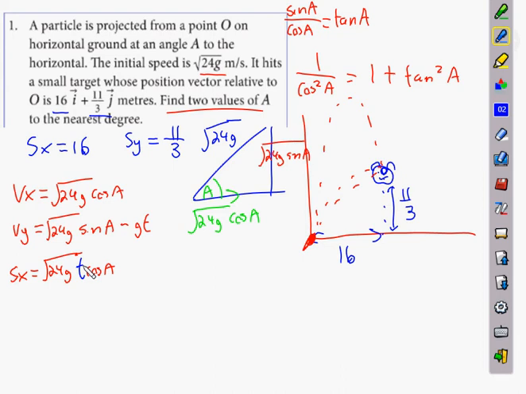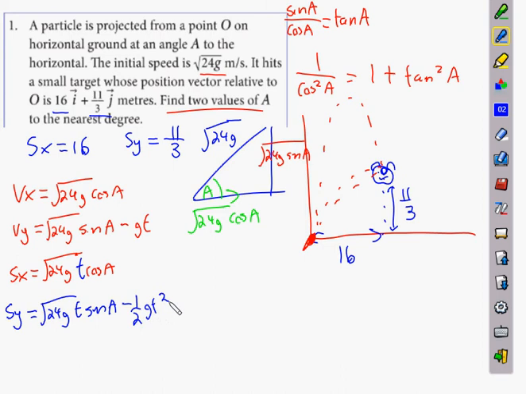And does it have any minus gt squared this time? No, because it's Sx, no acceleration in that direction. And then Sy will be root 24g t sin A, minus a half gt squared. There's our four equations right there.